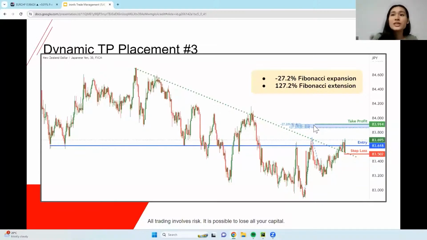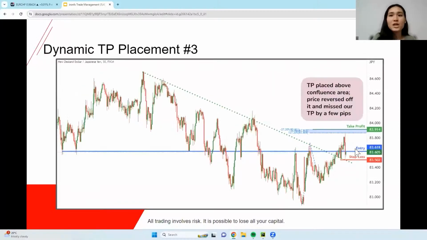So we are expecting price to rise above this entry level and hit towards our take profit and this Fibonacci confluence area. But we see that our take profit, placed above the confluence area, actually missed price by a few pips, because price reversed off of this confluence area and reversed back down to our entry.